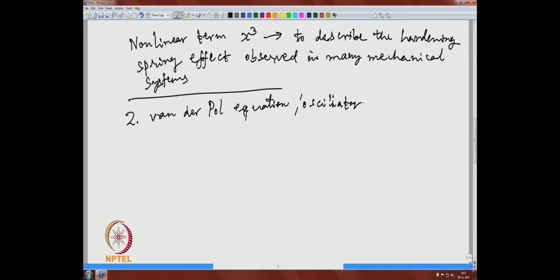So, van der Pol in the years around 1927, when he was working for the Philips company in Netherlands, extensively studied this equation both theoretically as well as experimentally using electrical circuits.